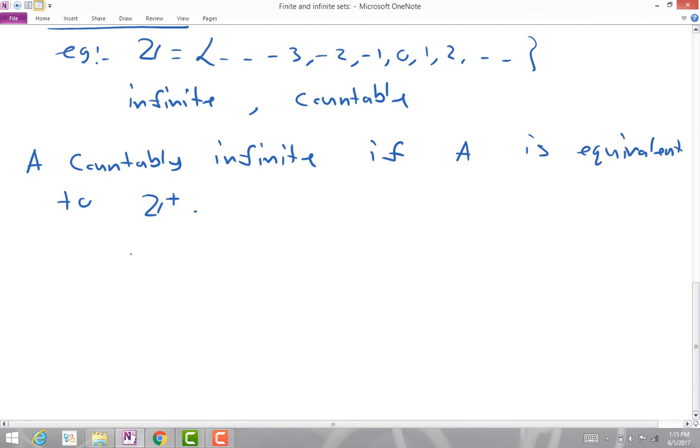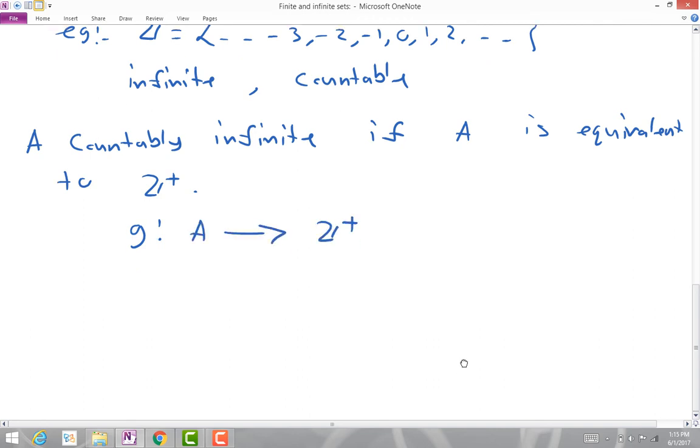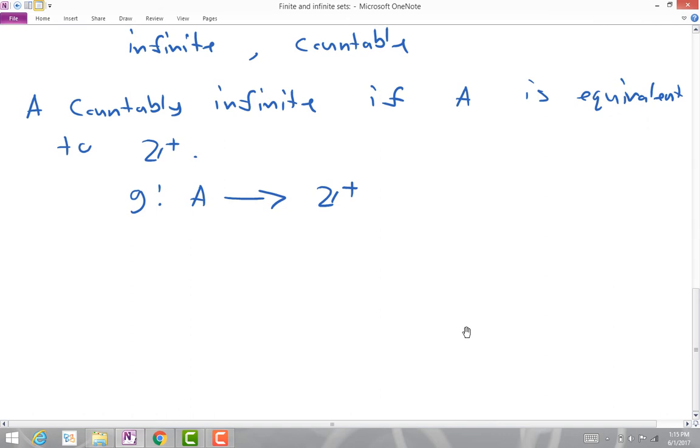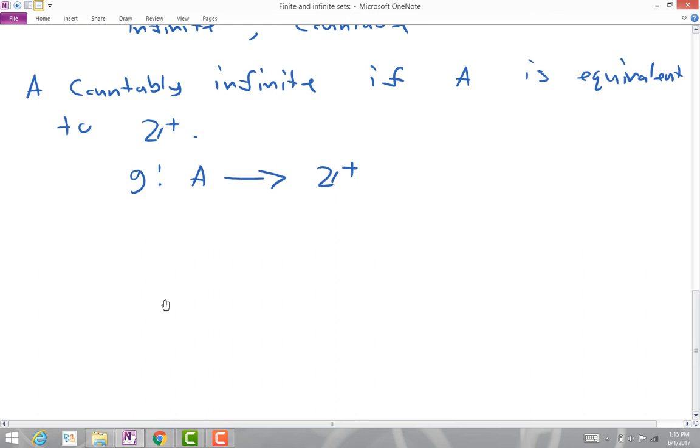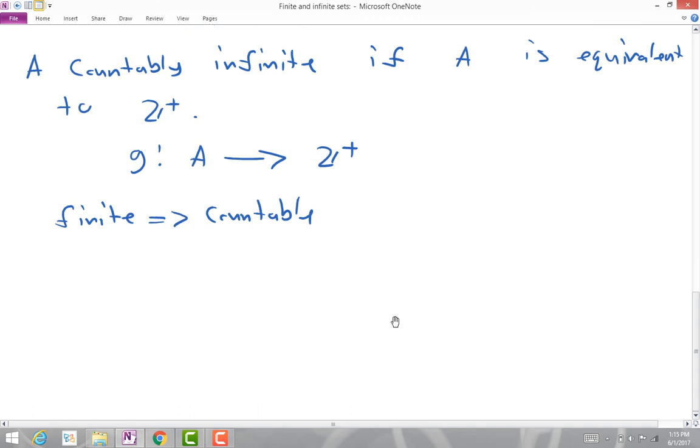That means you should be able to define a one-to-one correspondence between A and the set of positive integers. So a finite set is always countable. So finite implies countable, but not the other way around. And a set which is not countable is called uncountable.